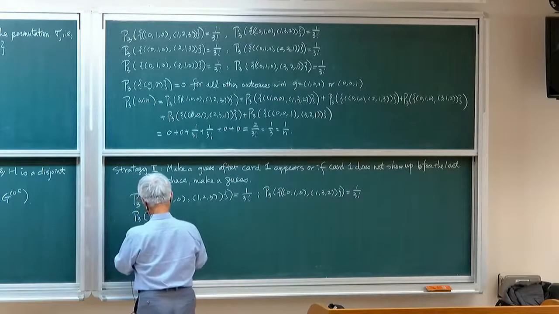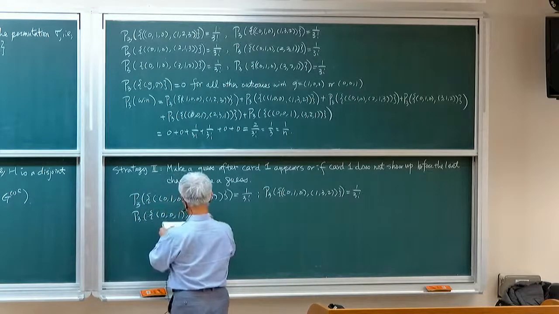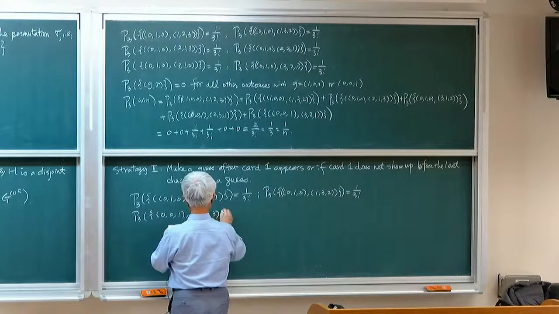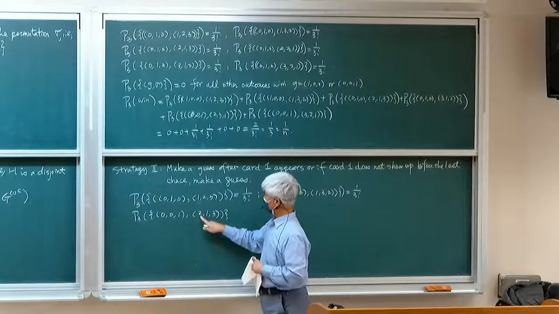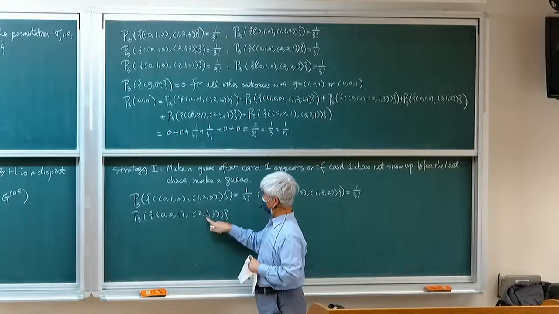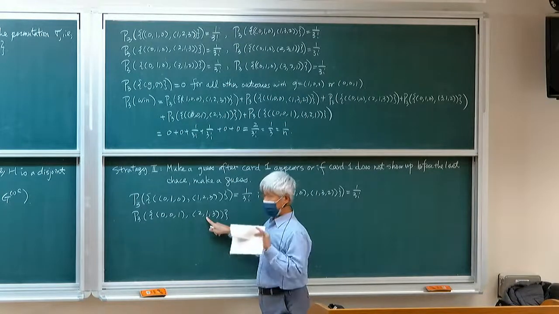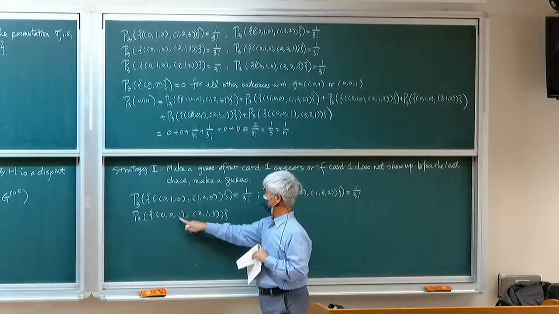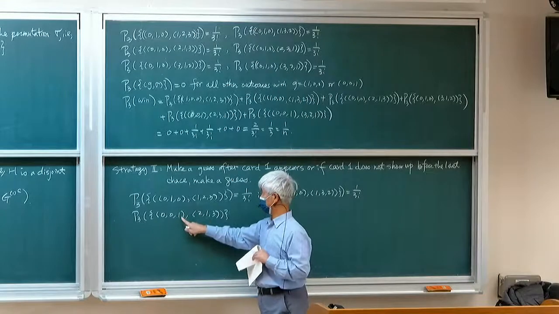All right, and 0, 0, 1, and 2, 1, 3. All right, so now, because card number 1 appeared at the second time, the player will make a guess at the third time. Okay.